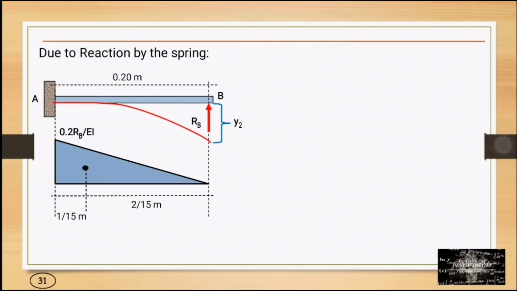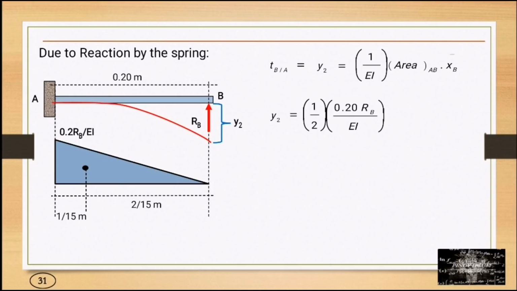Then the centroid: TBA is equal to y2, which is equal to 1 over EI times the area of the moment diagram between A and B times the centroid from point B. So y2 is equal to 1/2 times 0.2 times RB over EI times 0.2 times the centroid, so 2 over 15. So y2 is equal to RB over 375 EI.